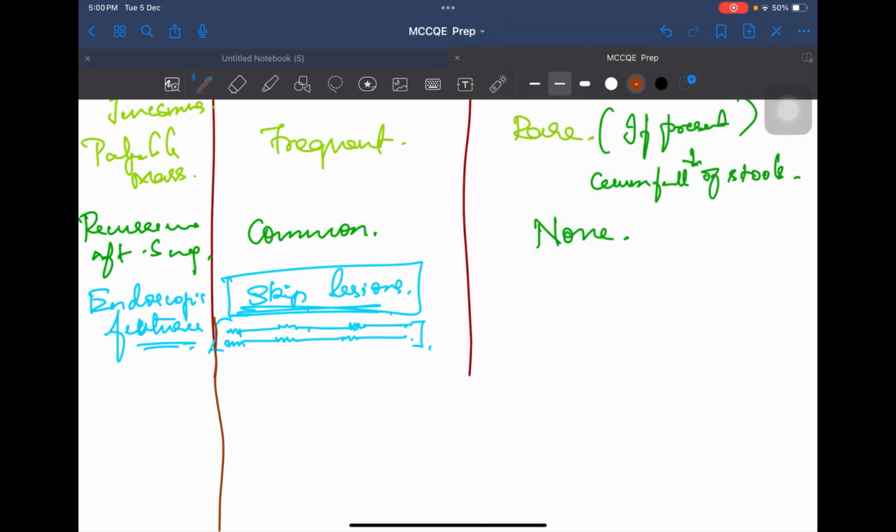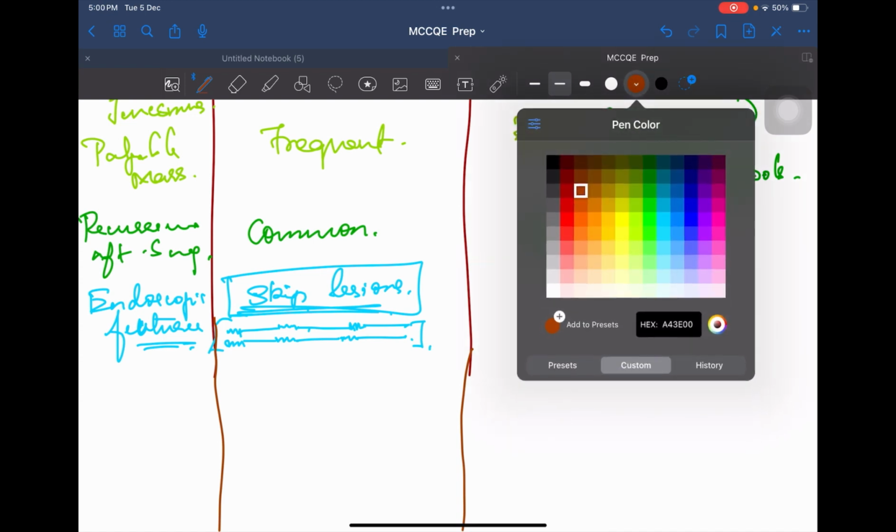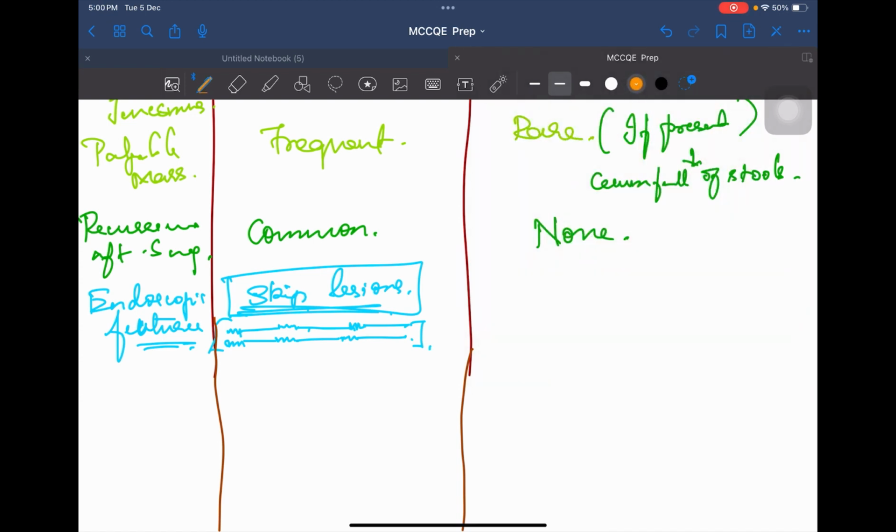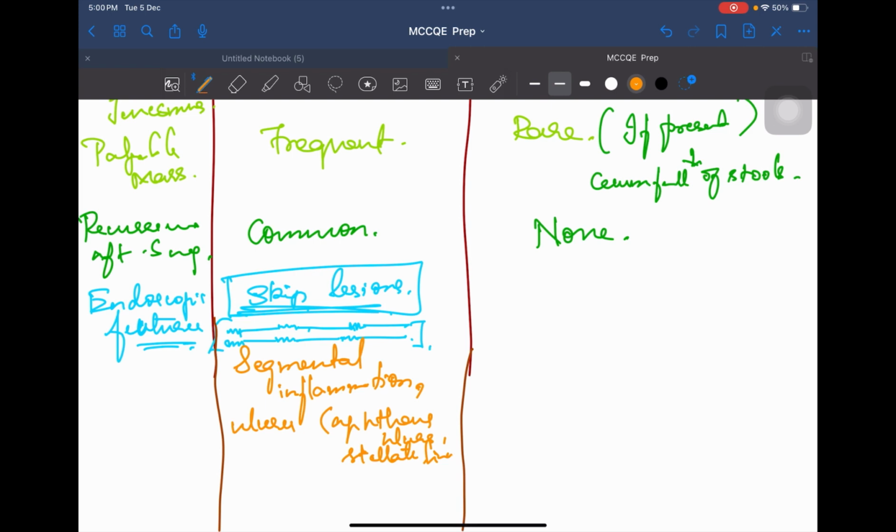So endoscopically, what will you be seeing? Usually it will be segmental inflammation associated with ulcers. We call them aphthous ulcers, or stellate or linear ulcers.